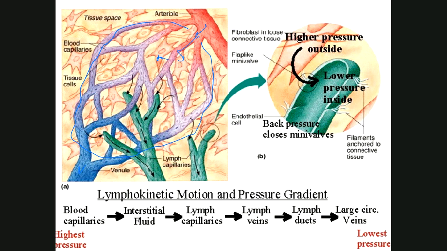Remember on this end, when we figured out those numbers, the net filtration pressure was 10, which means a whole lot of fluid leaks out. It goes in between these cells and around the cells, and it drops off oxygen and picks up carbon dioxide. Then when we get to the other end, we calculated again, and over here it was -8. So fluid is coming back in on this end, but not as much fluid comes back in as went out.